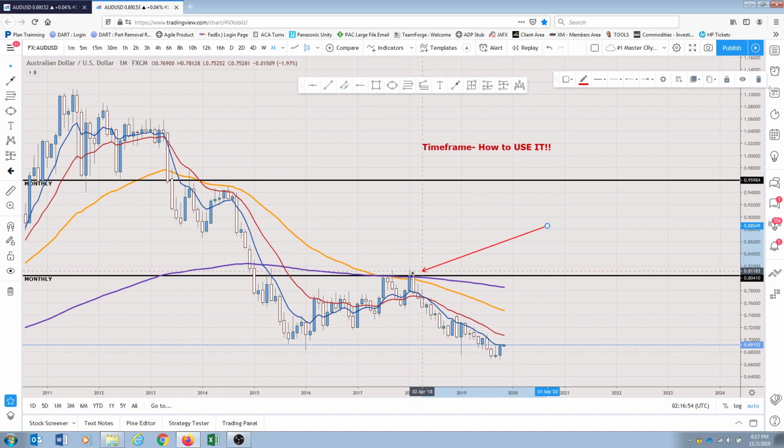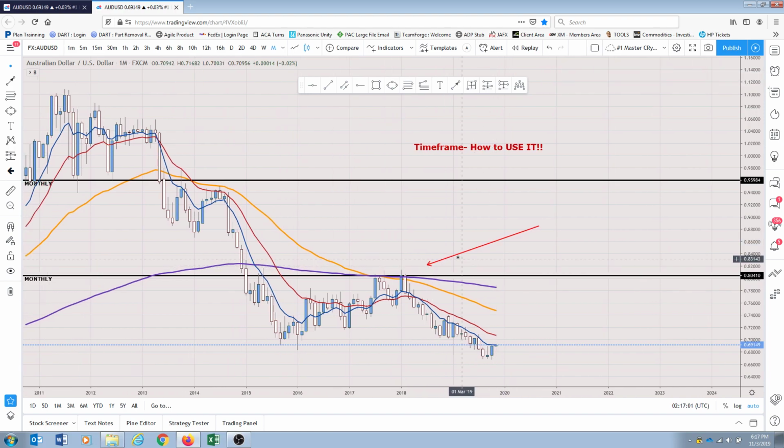But these levels take a long time to reach, so we don't trade off these levels. We trade the lower time frame, but not too low. I like to be around the 4 to 8 hour time frame where I do my chart analysis. But right now, this is what we should take away from the monthly time frame.